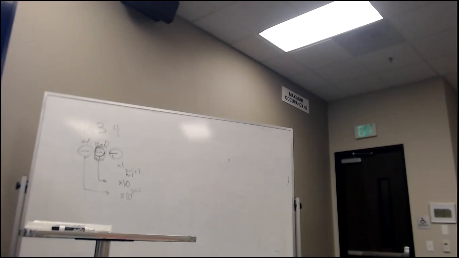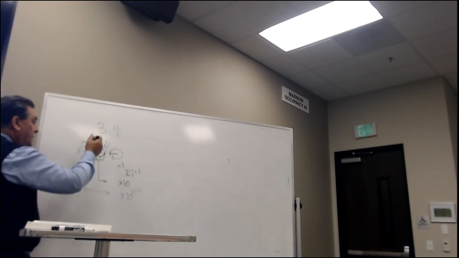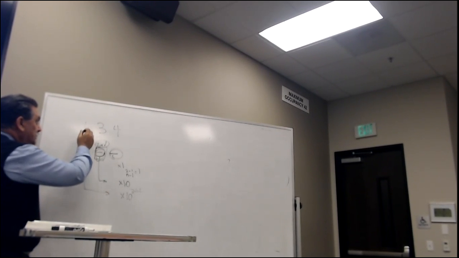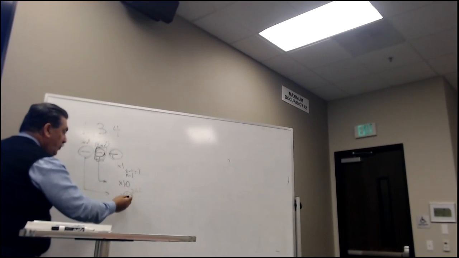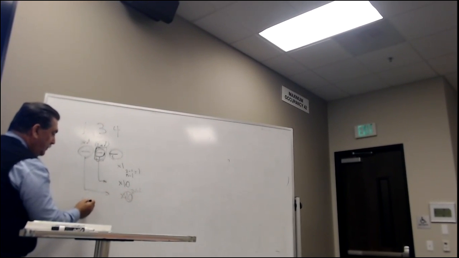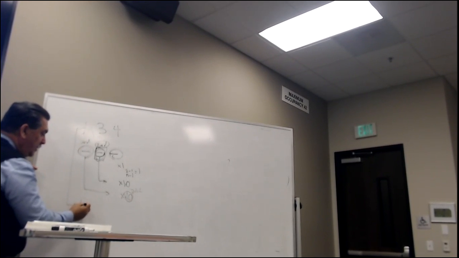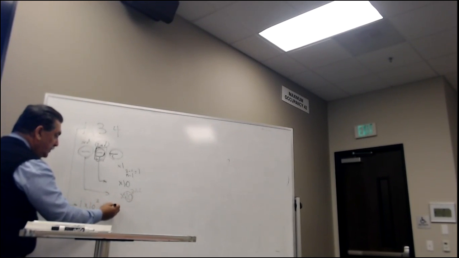Okay. 134 means, let's look at this example. You have 1 times 10 to the power of 2. You get 100.